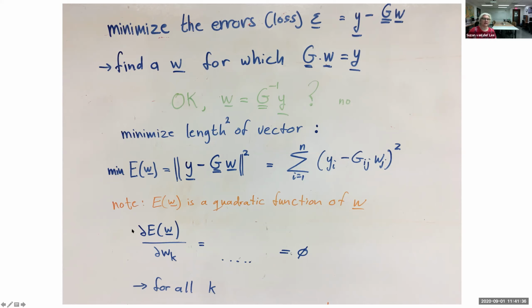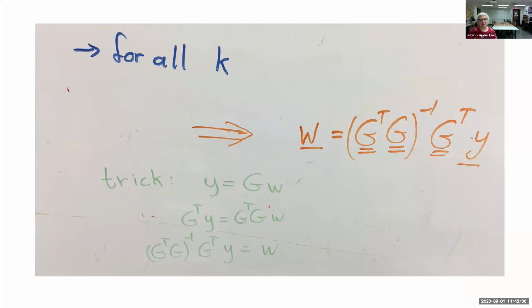You take the derivative of E with respect to a particular weight at grid point K, you evaluate it using this equation right here, and you set that to 0. Then you do it for the next value of K, for the next grid point, and the next, and you do this for all grid points, all values of K.